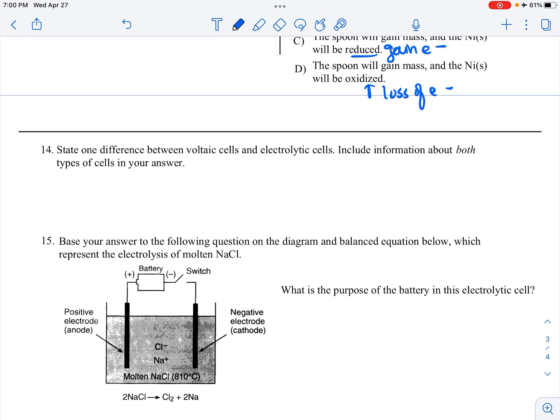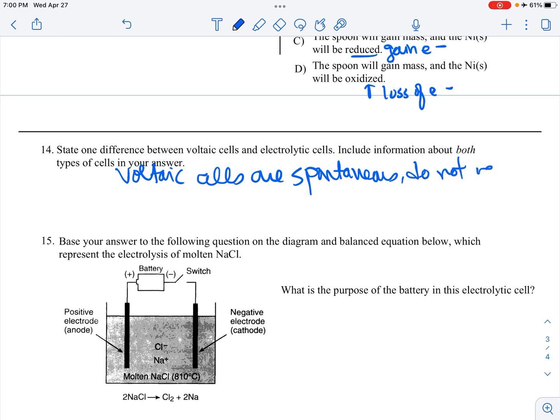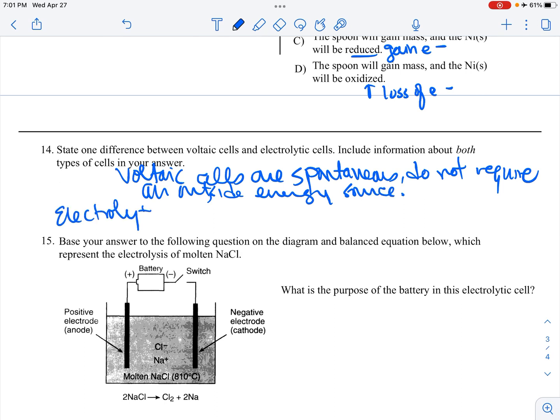There's a lot you could say, but I think the classic answer is voltaic cells are spontaneous, which means they do not require an outside energy source, and electrolytic is non-spontaneous, and it requires the battery. I think that's probably the classic answer.